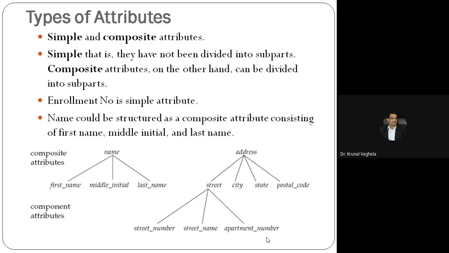For example, name. The name can be divided into first name, middle name, and last name. Like address. The address can be subdivided into street, city, apartment number, for example. So all these are composite attributes.